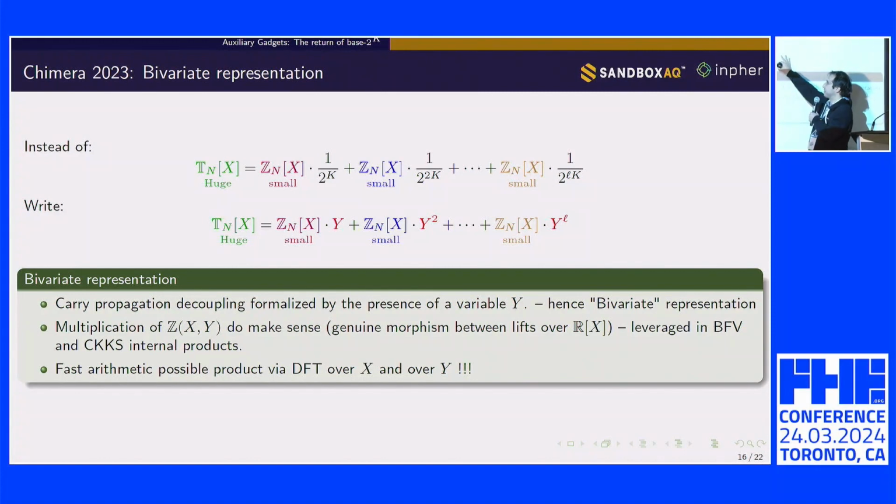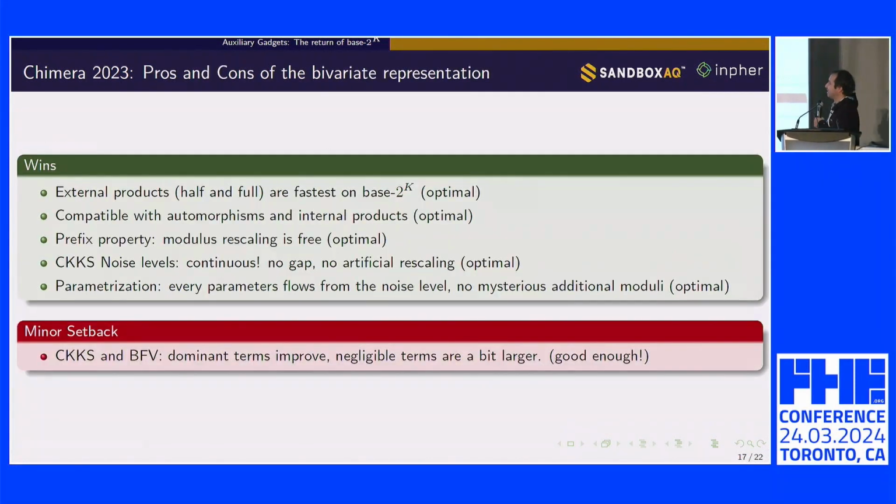So there is a fast arithmetic for addition and multiplication over the bivariate fields. So we are actually hitting 3 birds with 1 stone. So yes, there are lots of advantages of using this kind of bivariate representation.